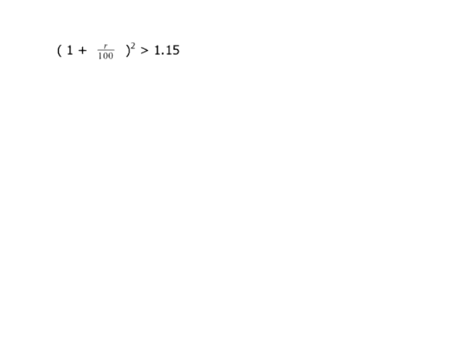Okay, so here is the statement, and by brute force, just by squaring numbers, we had figured out that R is between 7 and 8. The value that gives 1.15 is between 7 and 8.